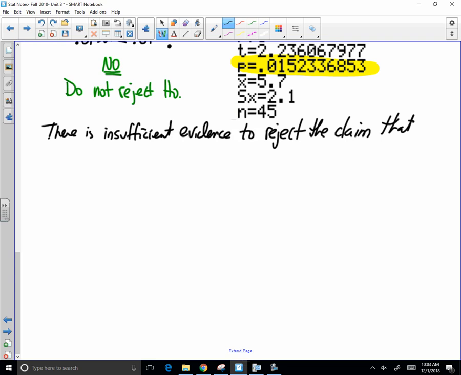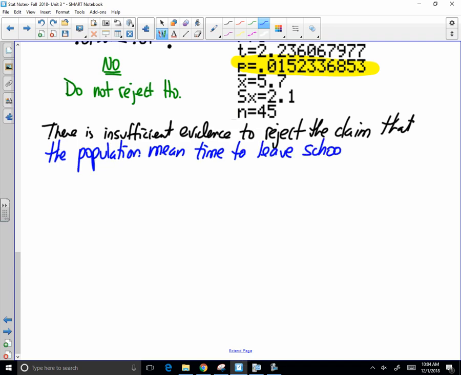The null hypothesis was mu equals 5. So that the population mean time to leave school. So don't just say the population mean.